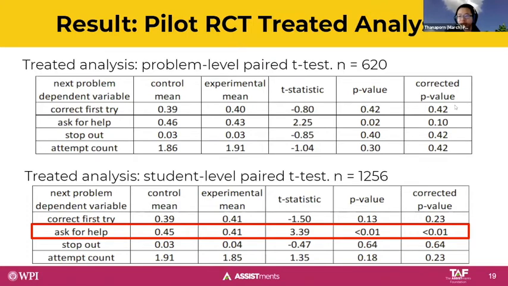While we don't get any significant difference in the other measures after we ran the Benjamini-Hochberg corrected procedure, the raw numbers are actually in the positive direction, but we couldn't interpret much in that.